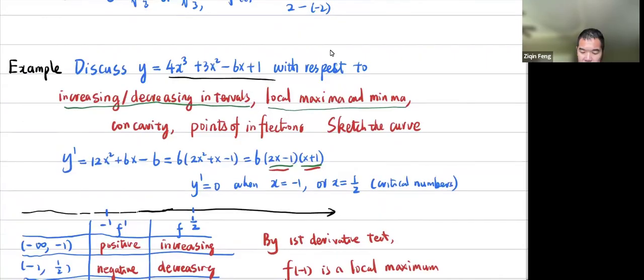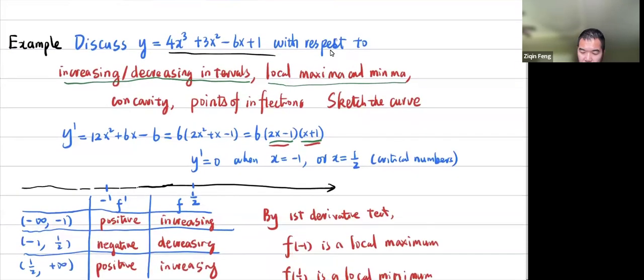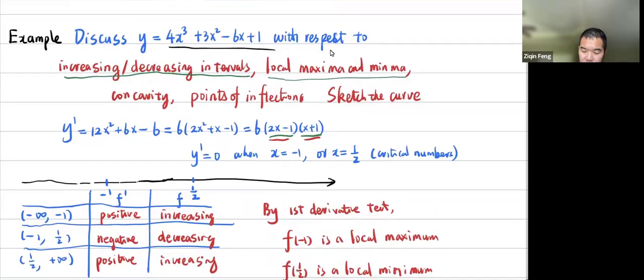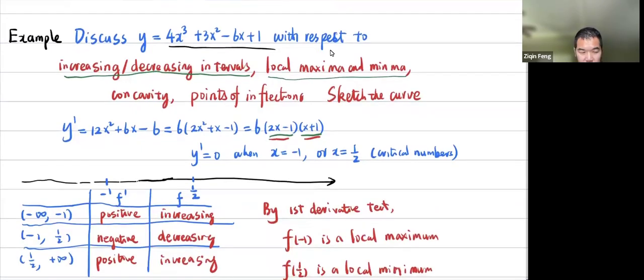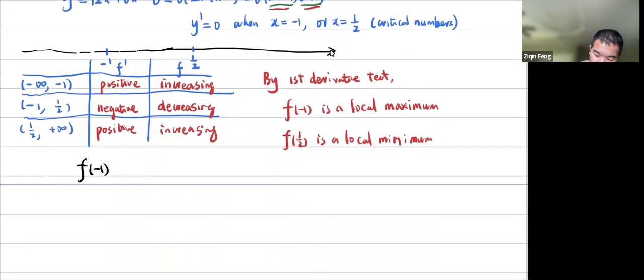So this is, yeah, f of -1, right? Which is -4 plus 3 plus 6, 10 minus 6, which is 6, right? So this is 6.